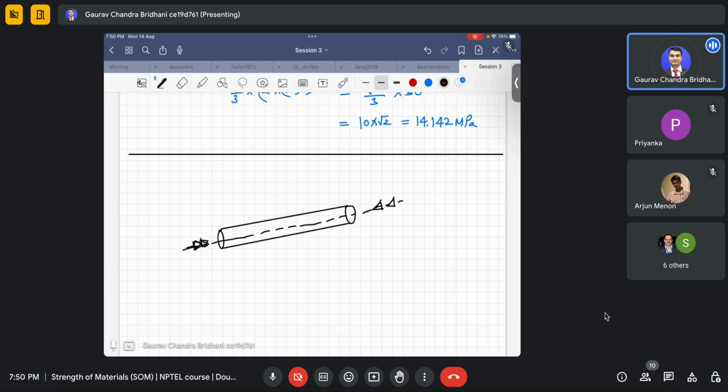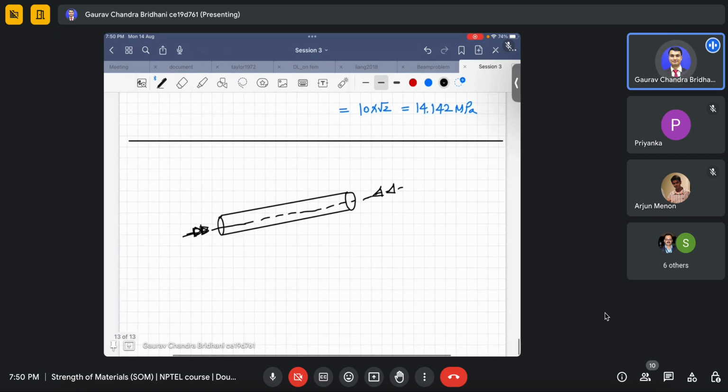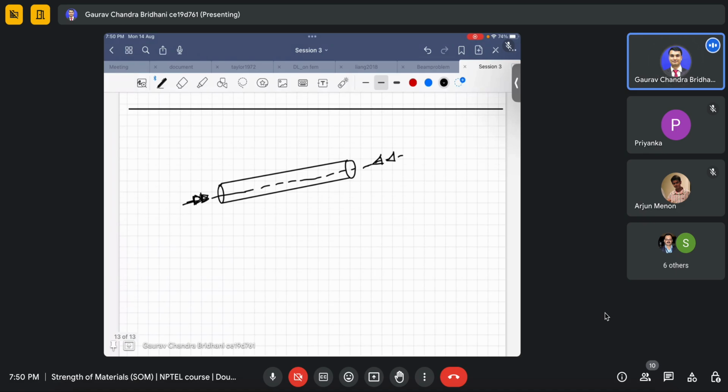Basically, either you rotate in an anti-clockwise or clockwise fashion, only the angle will differ, but it will fail by shear basically. Okay, now what happens actually when a body is subjected to a torque?